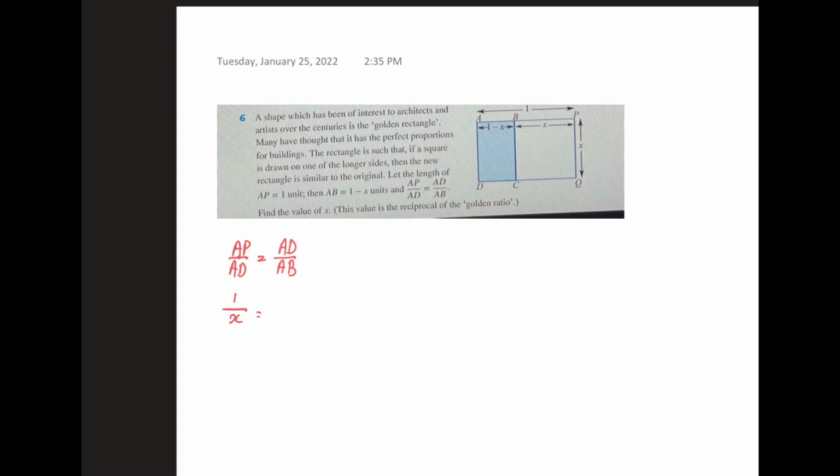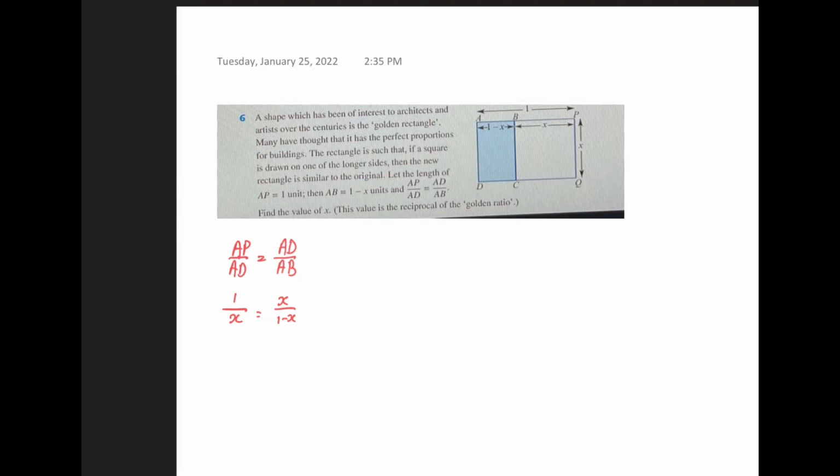The top one is AP, and AP is 1, so I replace with 1. Then AD is x, and AB, as you can see, is 1 minus x, so I replace with 1 minus x here. So now we need to find the values of x by solving this.